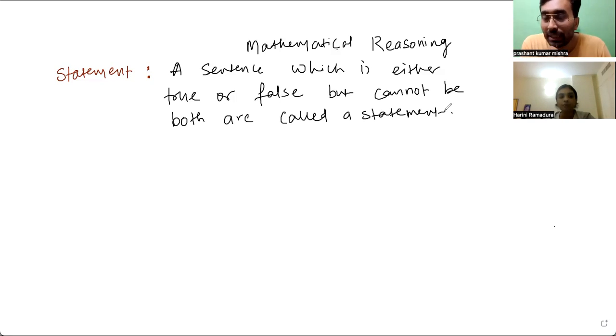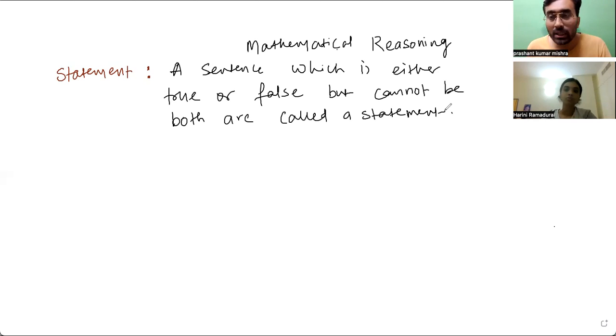If I am saying Earth is round, it is clear. My sentence is clear. It is either true or it is false. There is no doubt in it, so that is a true statement. A sentence that is either true or false, but cannot be both, is called a statement.